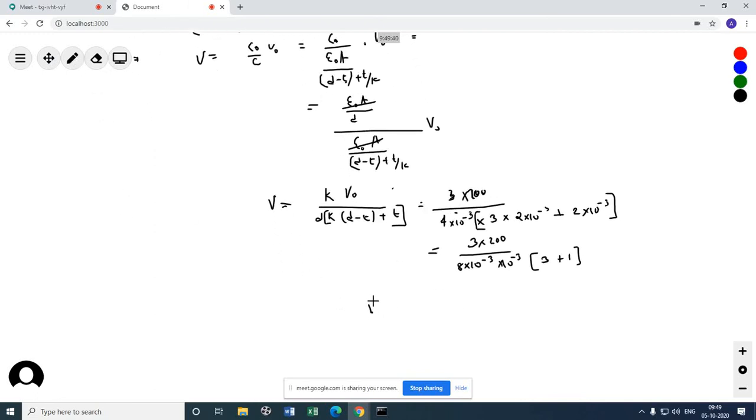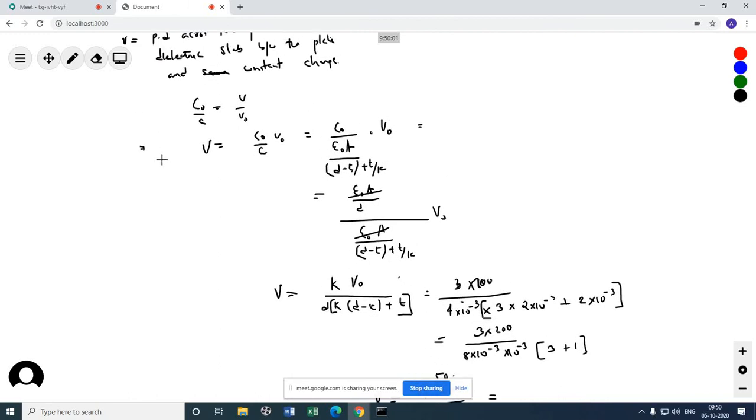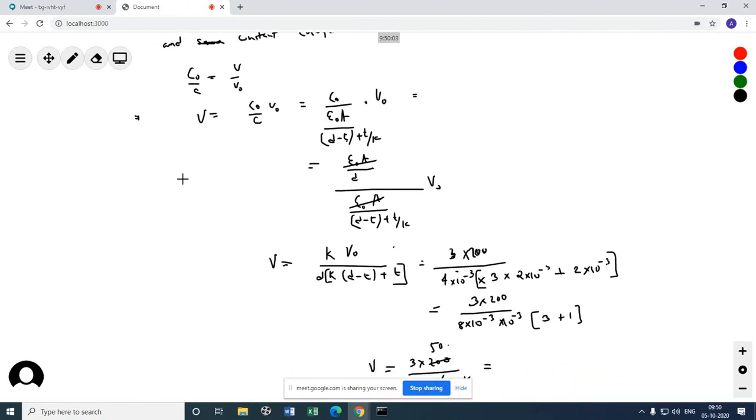So V will be 3 into 200 divided by 8 into 10 to the power minus 6 into 4.